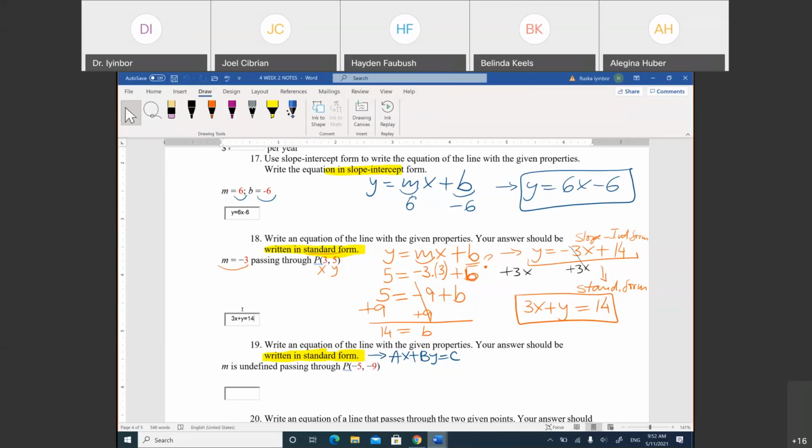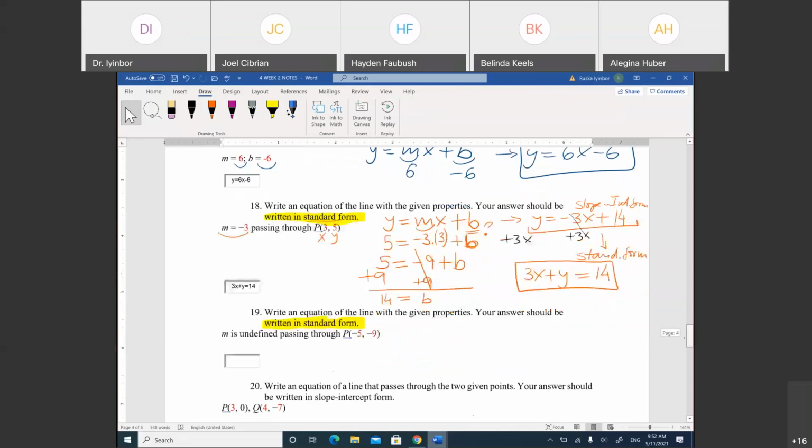Everybody understand that? Yes? Okay. So slope-intercept to standard is when you move the x and y together. From standard to slope-intercept is when you get y by itself. So move the x over and just get y by itself.